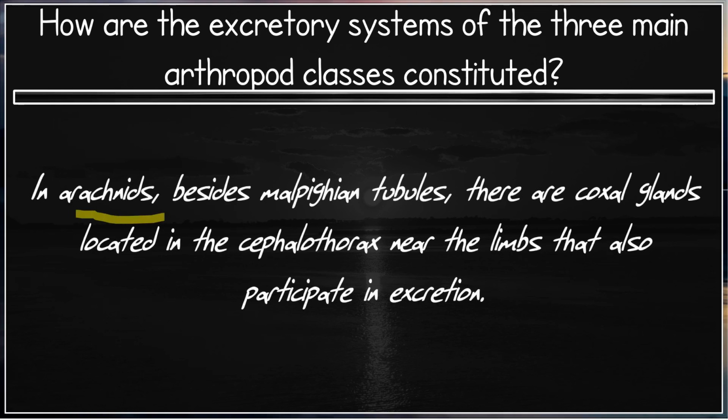In arachnids, besides the Malpighian tubules, there are coxal glands located in the cephalothorax near the limbs that also participate in excretion.